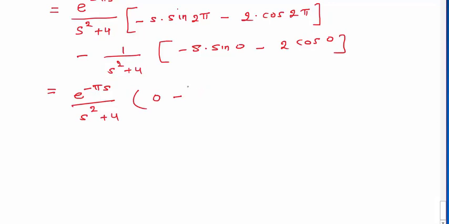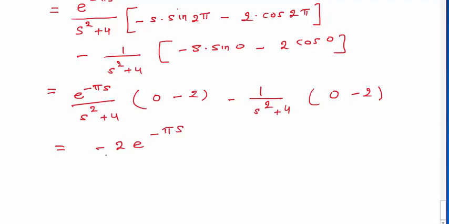Cos 2 pi is same as cos 0. So cos 0 is 1. So I have minus 2 upon s square plus 4. Again sin 0 is 0. So this is 0 minus 2. Cos 0 is 1. So the final answer is minus 2 e raised to minus pi s upon s square plus 4, then minus minus plus 2 upon s square plus 4.